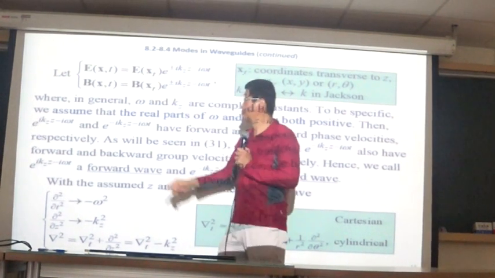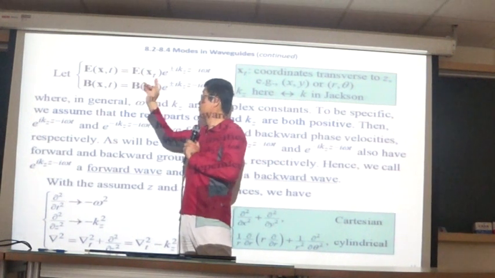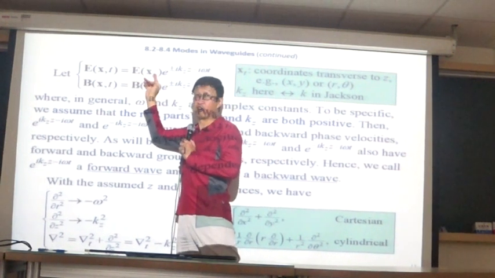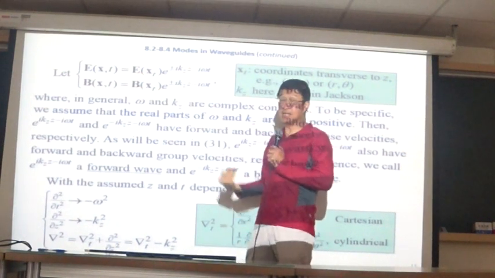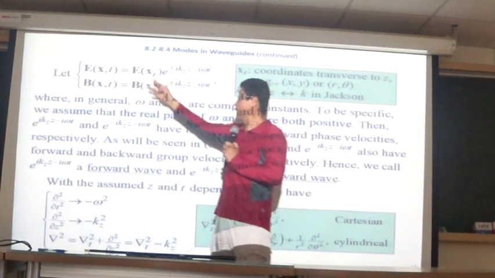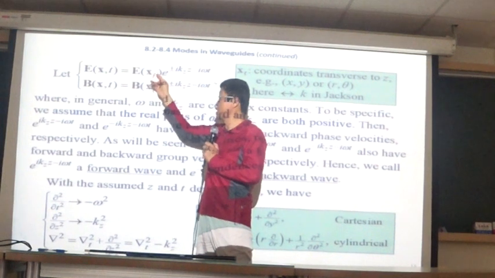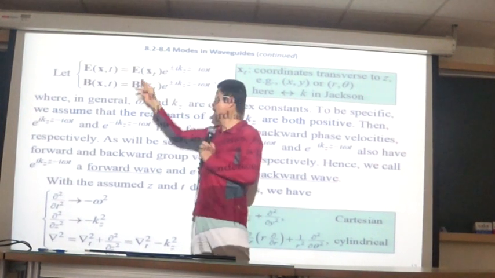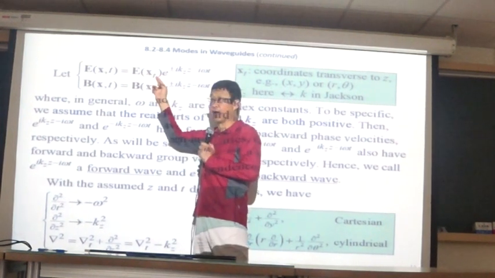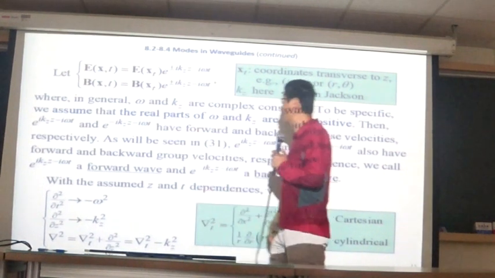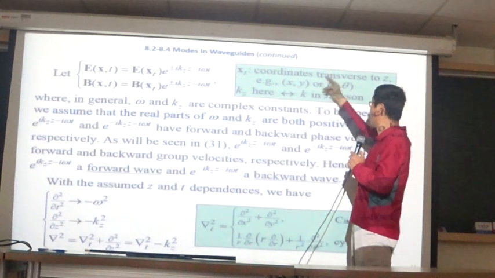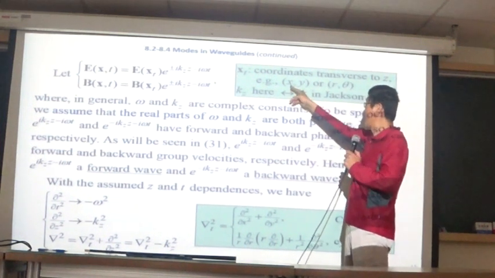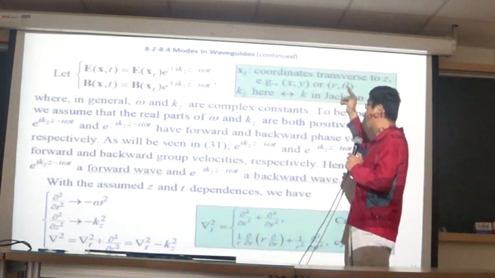But remember, this is a phasor, a 3 component, EX, EY, EZ. Okay, but depends on transverse coordinates, X and Y. Okay, so just give you an idea. Coordinate transverse to Z, X, Y, or R theta.